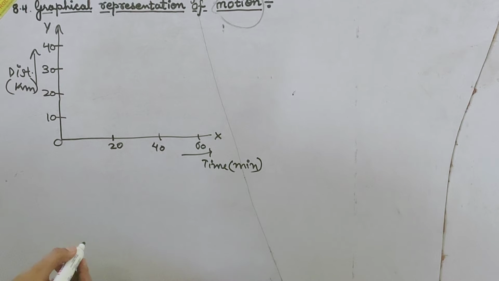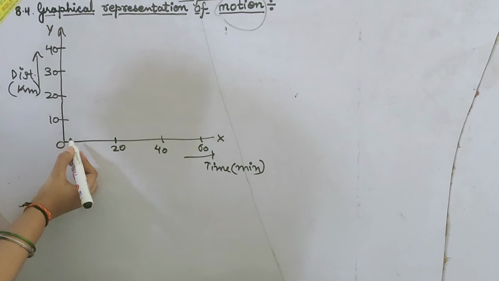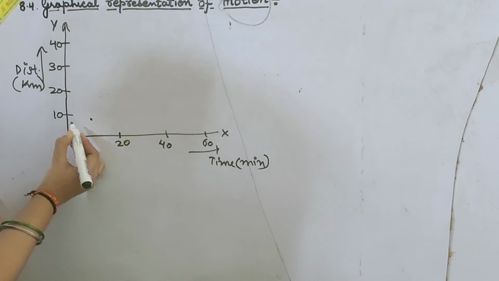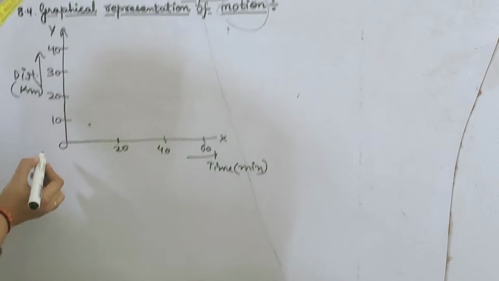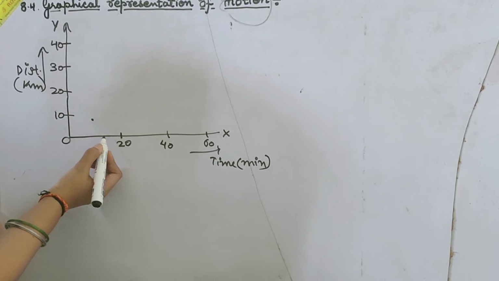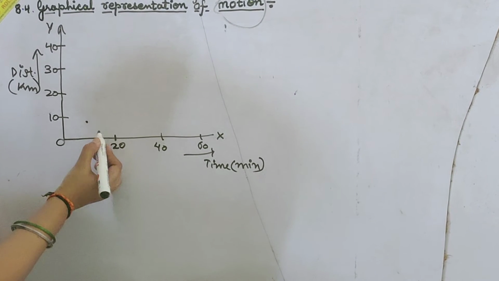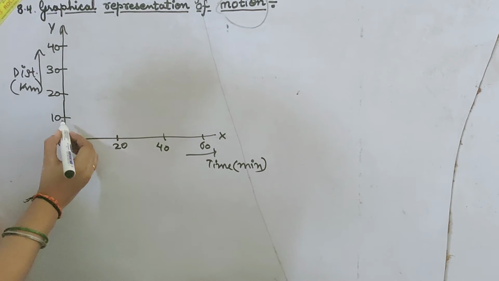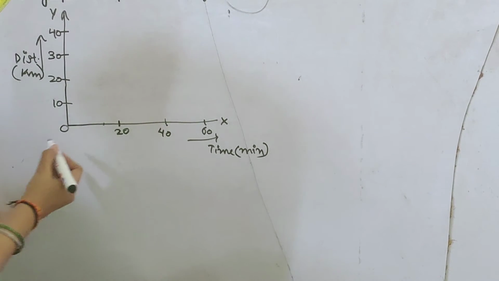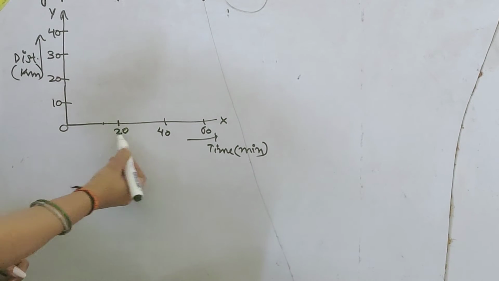If an object starts moving from here and reaches somewhere near this point, below 10, that means it has reached approximately 8 or 9 kilometers, and the timing will be around 15 minutes. The minutes start from 0 minute, 1 minute, 2 minutes, up to 20.